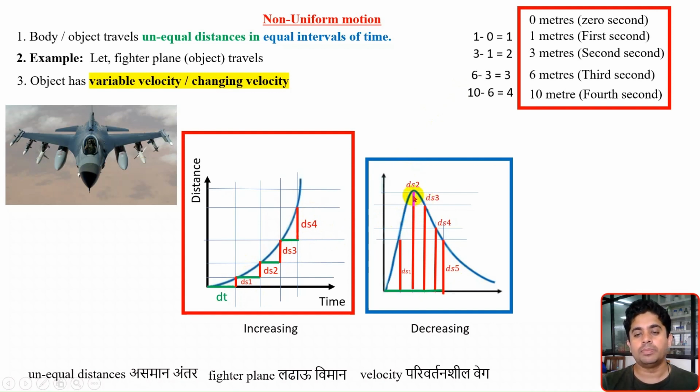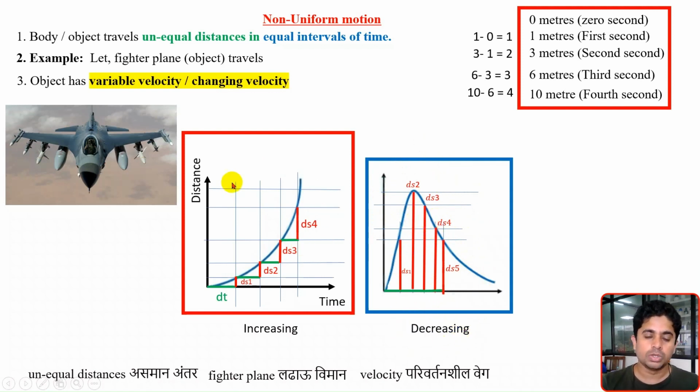But here after ds2, we can see there is a decrease in the displacement. From 1 to 2, there is an increase. But from 2 to 3, I will say there is a decrease in the displacement. So this graph we will call a non-uniform motion in a decreasing manner, or decreasing non-uniform motion.